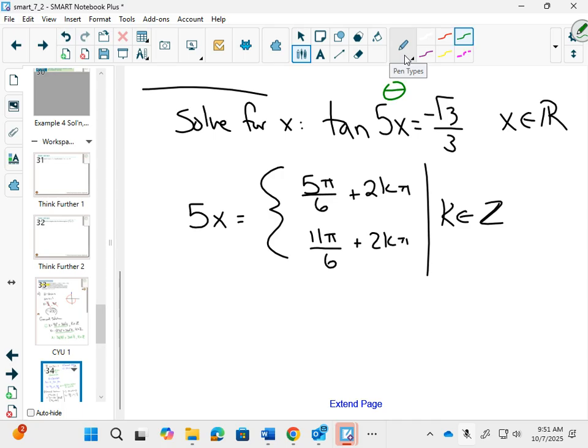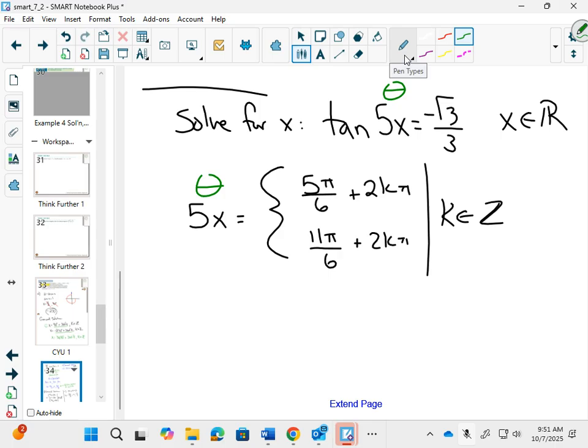If this was just a theta, our question would be done, right? Because those are my answers from 0 to 2 pi for theta, and I wrote my general solution. But it's not a theta, it's a 5x instead.